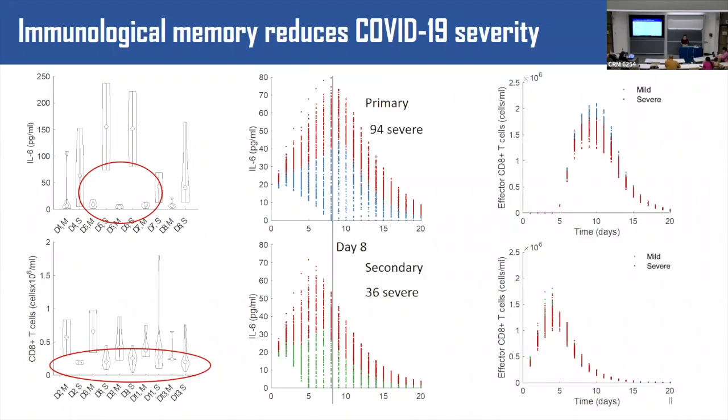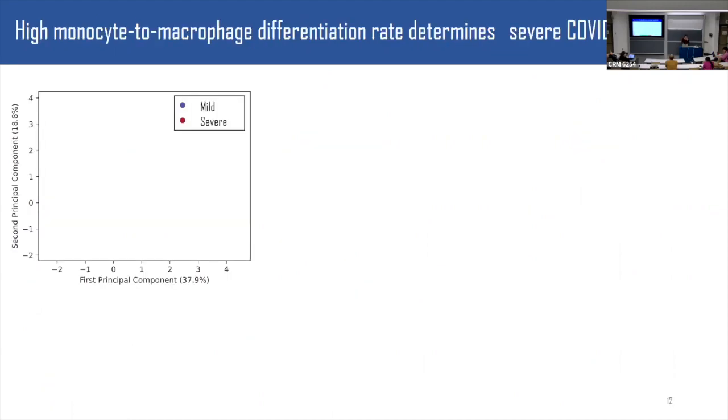In primary infections, severe patients tend to have fewer CD8 T cells, but in reinfection, the CD8 T cell level of previously severe patients is diverse. We also look at the dynamics of other parameters and variables. We find that this cohort loses some heterogeneity in immune response because the values vary in narrow ranges.